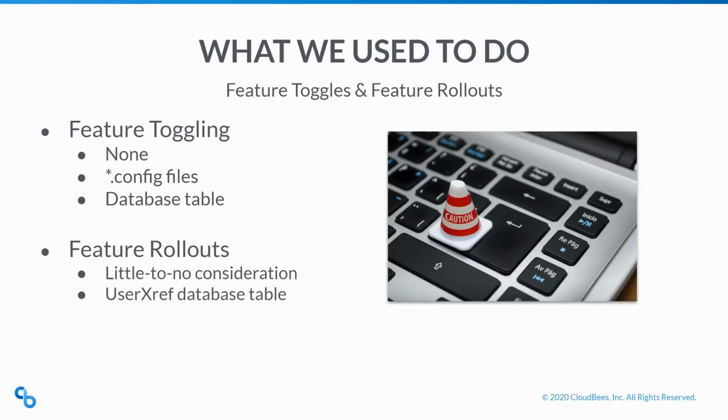When it came to feature toggling, that means creating toggles themselves. Oftentimes we just didn't use them, right? And I think it's self-explanatory as to why that could be a problem, but I'll give you a couple examples.